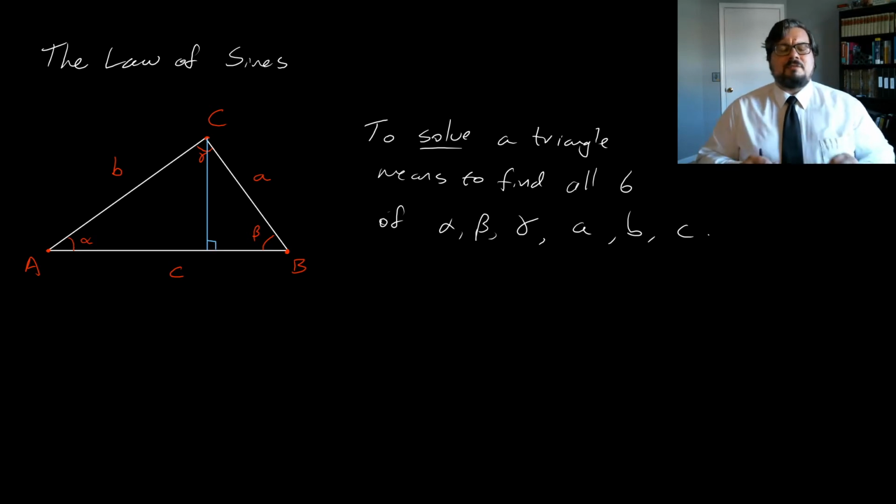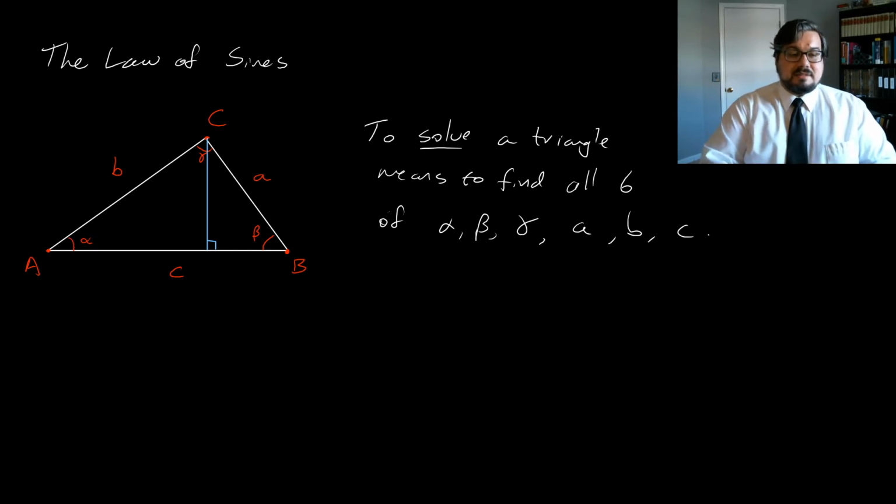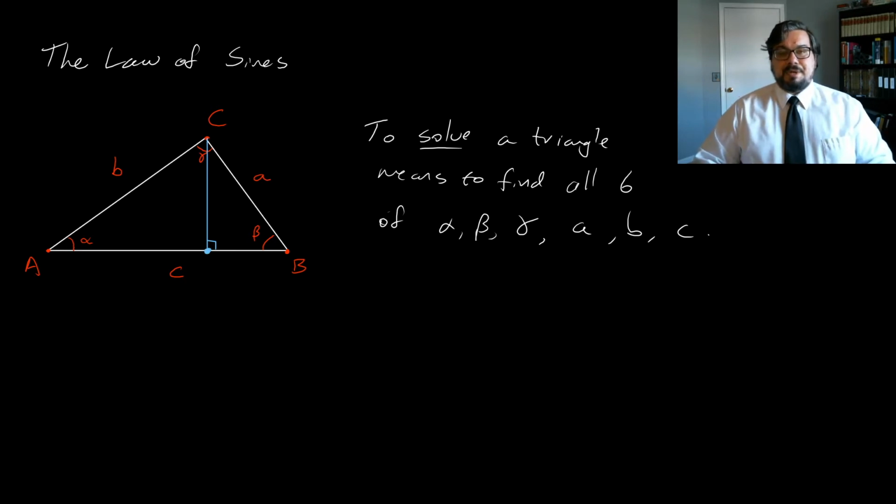Now, a couple of points here. I have specifically drawn this triangle in such a way that when I bring down this perpendicular line from the point C to the line containing A and B, its point of intersection right here lies between the points A and B. This doesn't have to happen.